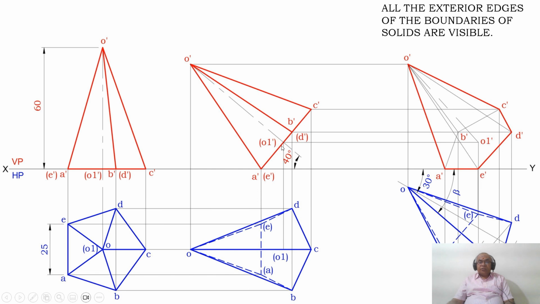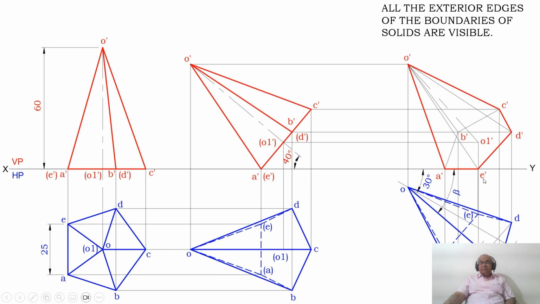Then you draw a horizontal projector from O1 dash and draw a vertical projector from O1, and these two lines are going to intersect at this point, and you mark that point as O1 dash for the time being. Then draw a vertical projector from both A and E to the XY line, because A dash in the second position front view is on the XY line.